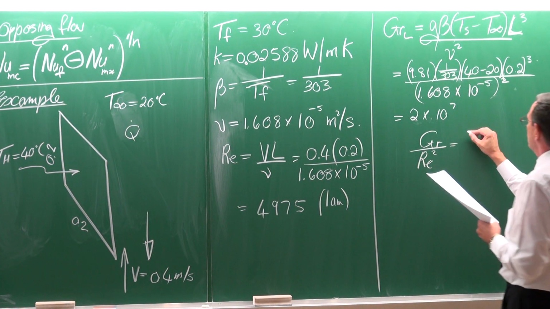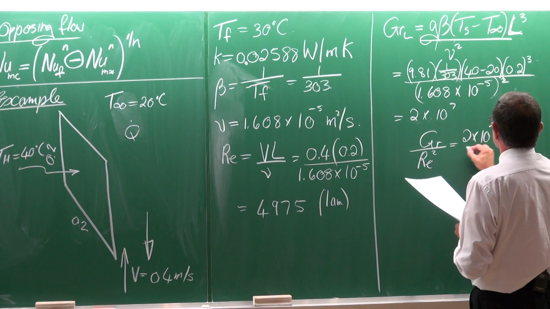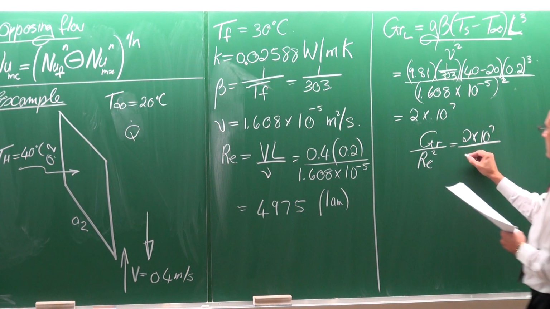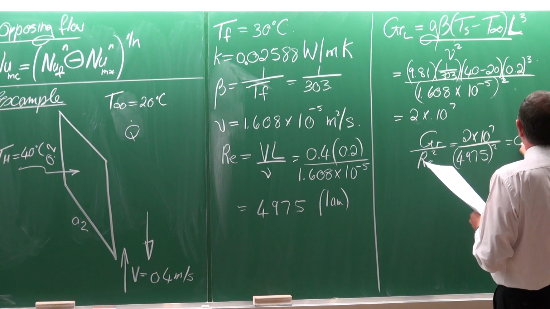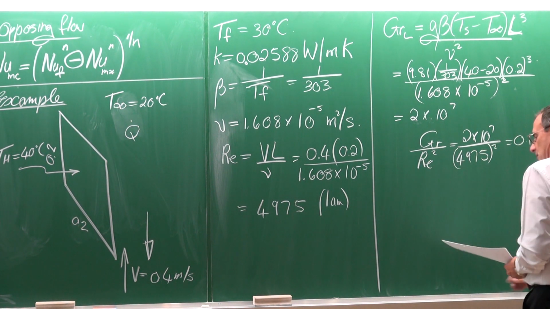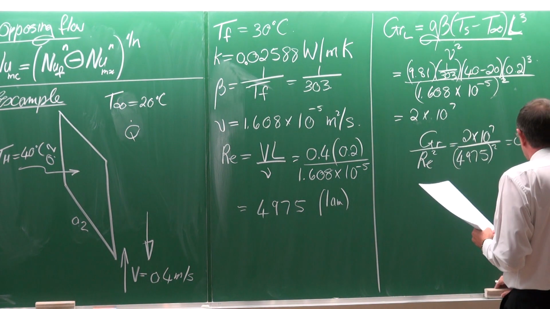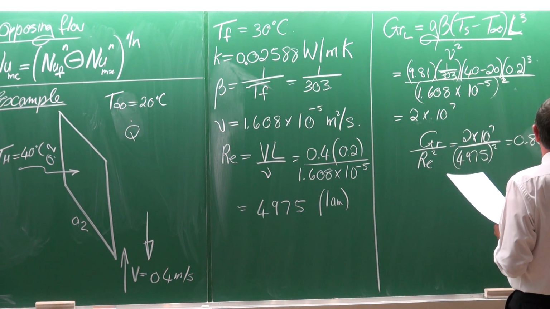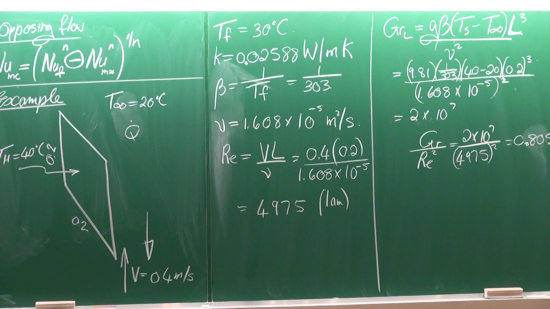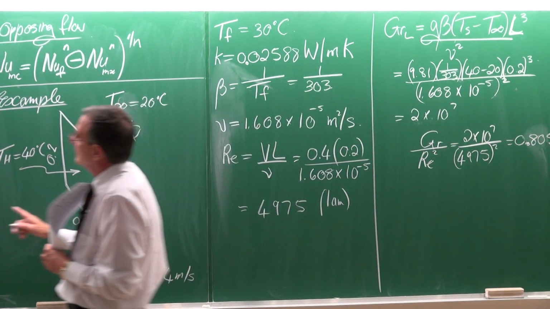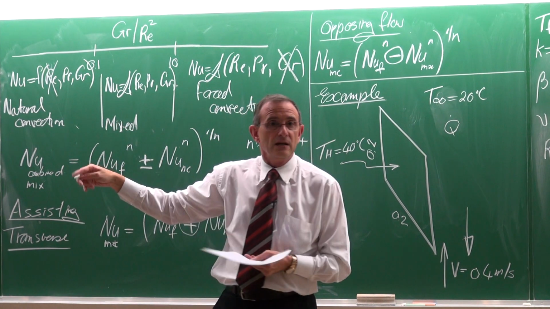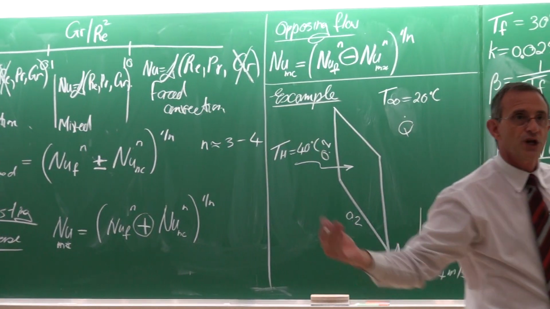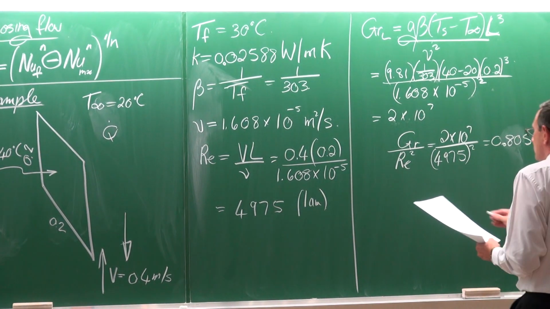If we take this value of 2 multiplied by 10 to the 7, divided by the Reynolds number 4975 squared, that is equal to 0.805. So if we look at our scale of 0.1 and 10, we are now in the area of mixed convection. Do you agree? Okay, so we've got mixed convection.